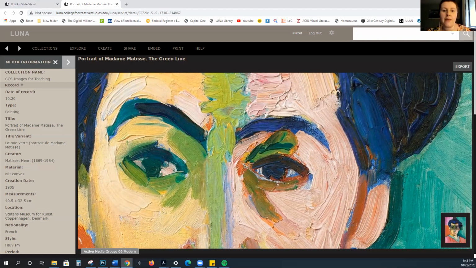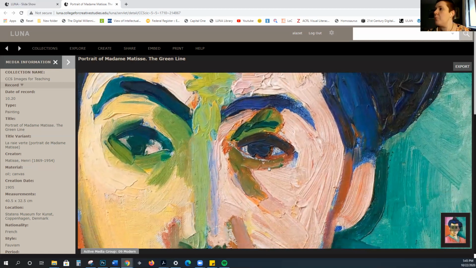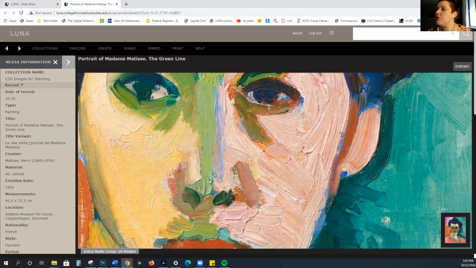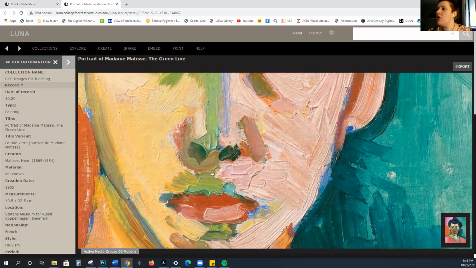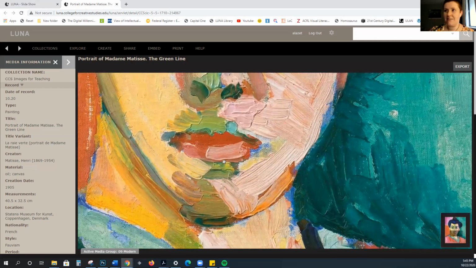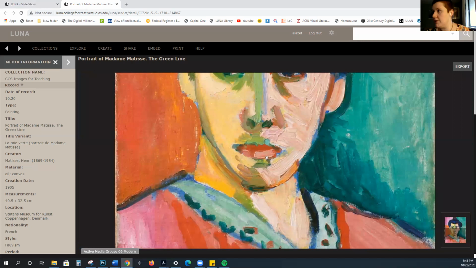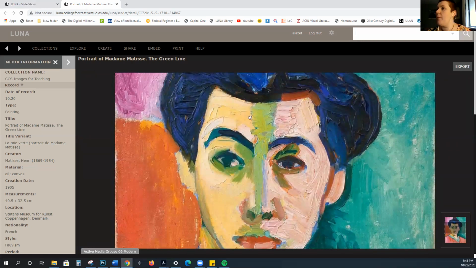It is influenced by Impressionism, but it's also a reaction against Impressionism. You can see how the way that some of these brushstrokes are combined is similar to Impressionism, but the use of color is really not. This is very heightened, and these heightened colors are used to convey emotion.